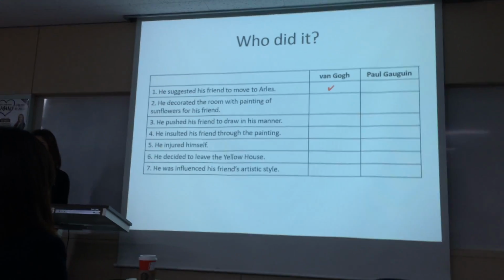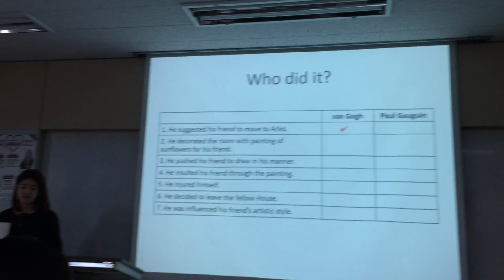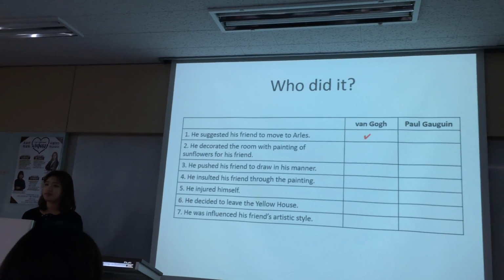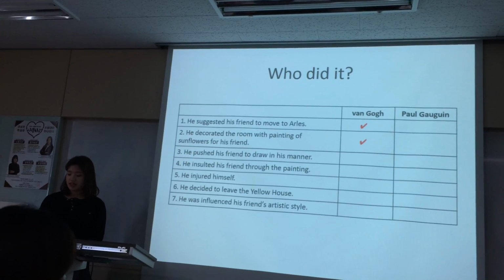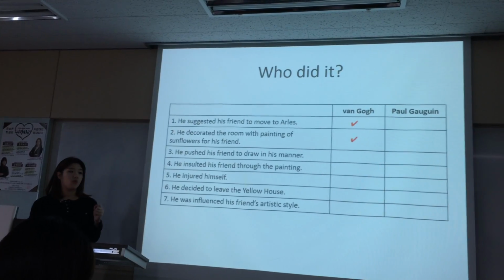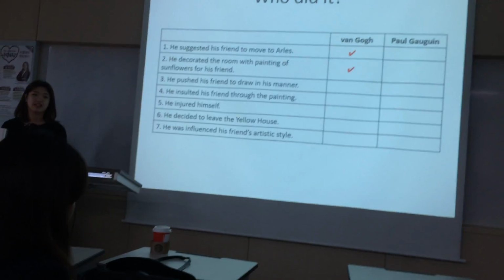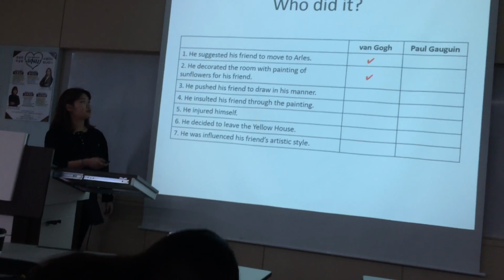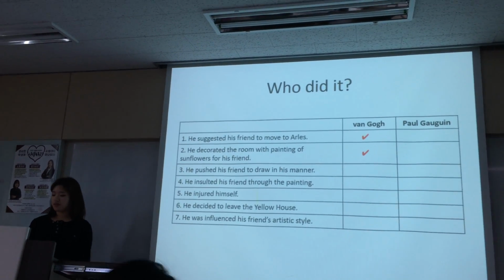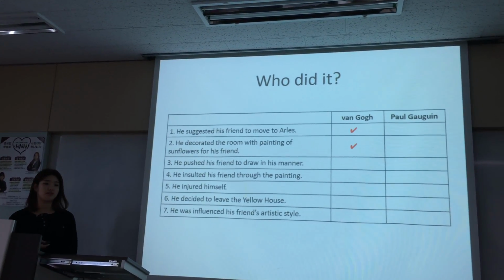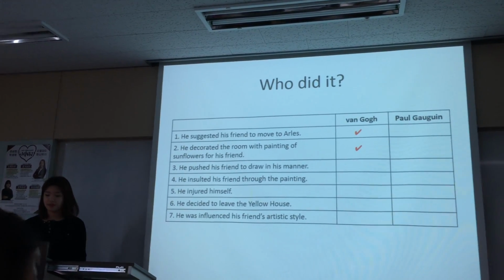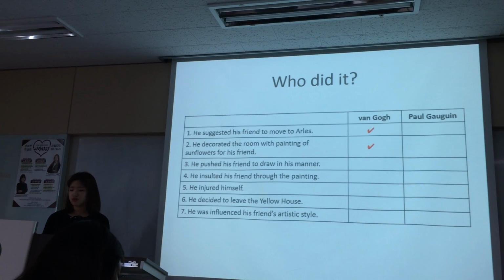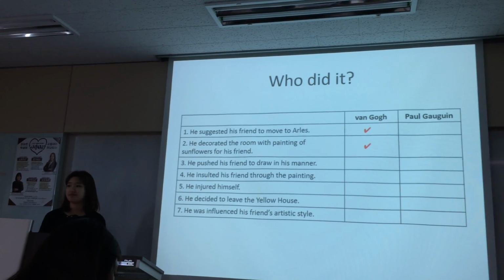Second, who decorated the room with paintings of sunflowers for his friend? Yes, Sunghae? Right. Van Gogh was glad to meet the friend in art, so he decorated the room with paintings of sunflowers for Gauguin. It was the present for Gauguin. Who pushed his friend to draw in his manner?